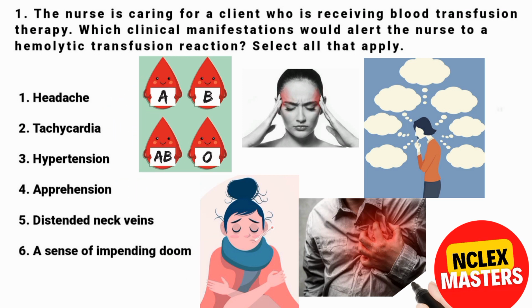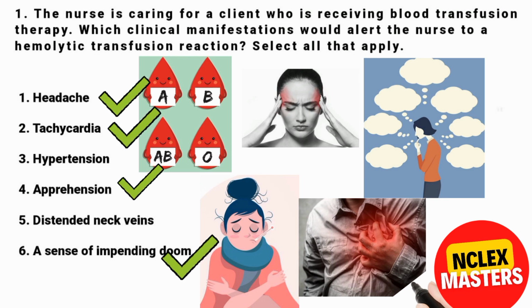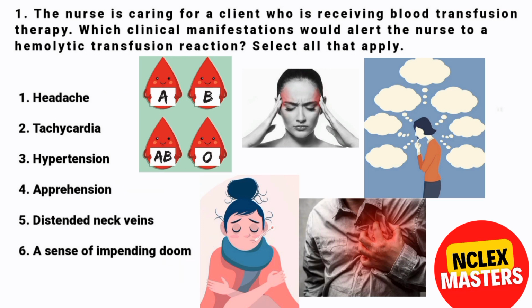These complexes destroy the transfused cells and start inflammatory responses in the client's blood vessel walls and organs. The reaction may include fever and chills or may be life-threatening with disseminated intravascular coagulation and circulatory collapse. Other manifestations include headache, tachycardia, apprehension, a sense of impending doom, chest pain, low back pain, tachypnea, hypotension, and hemoglobinuria.